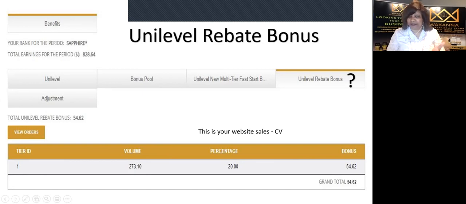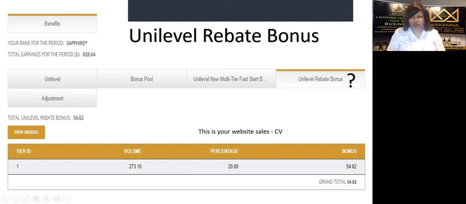We know if they'd gotten to 500, it would have been 25%. But they got 273, 20%, and 20% of the 273, they made $54.62. All of this is in our back office to give us itemization of every single dollar that floats to your back office, that floats to your e-wallet.